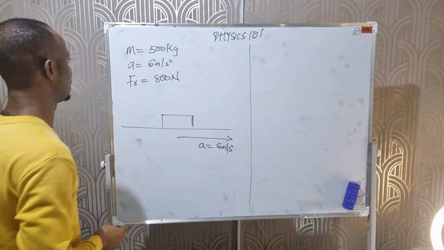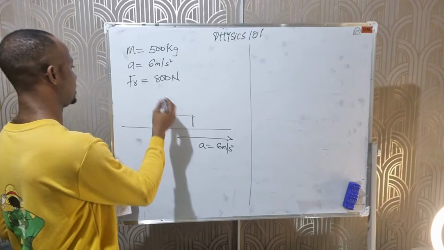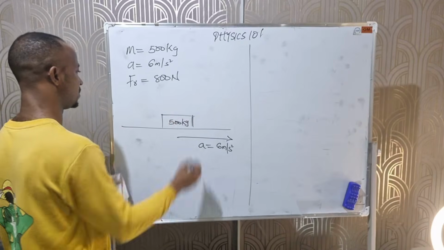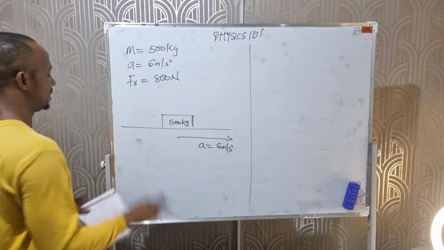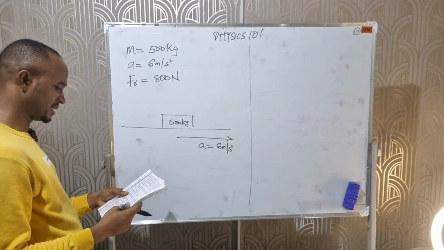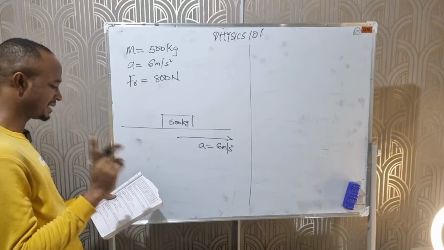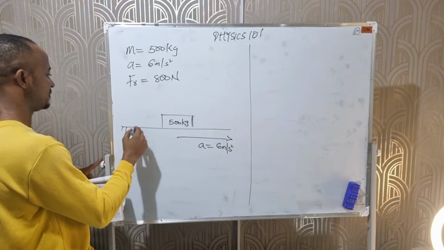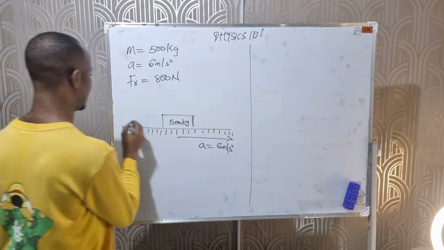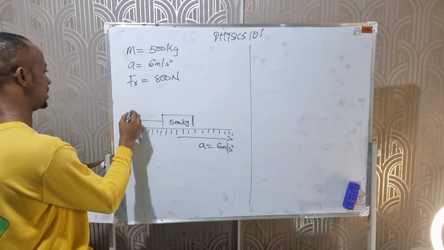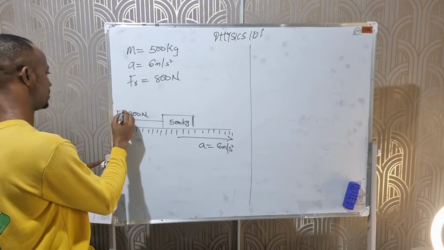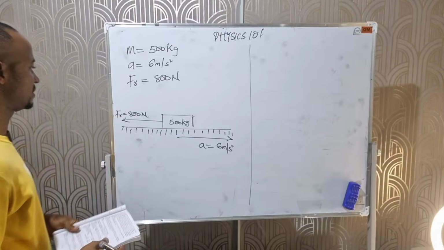The mass is 500 kilogram. We are told it is acted upon by a constant resisting force. That means this surface is not a smooth surface, it's a rough surface. So there's a resistive force here, which is our FR, 800 Newton.